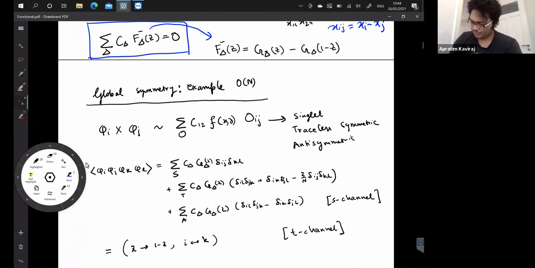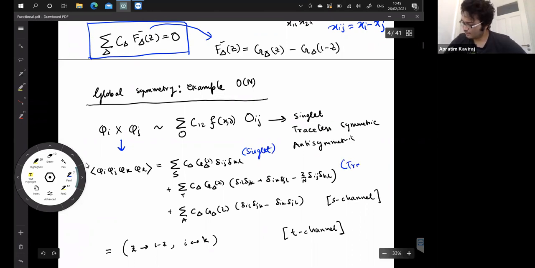Now you can use this 2-point OPE in a 4-point function, and then it gives an expansion as follows. Here you have the singlet sector, and then you have the traceless symmetric and antisymmetric.